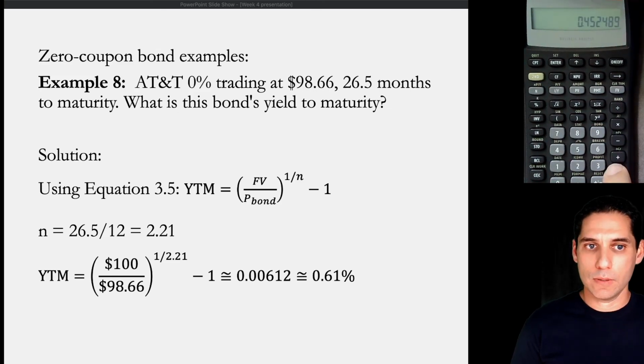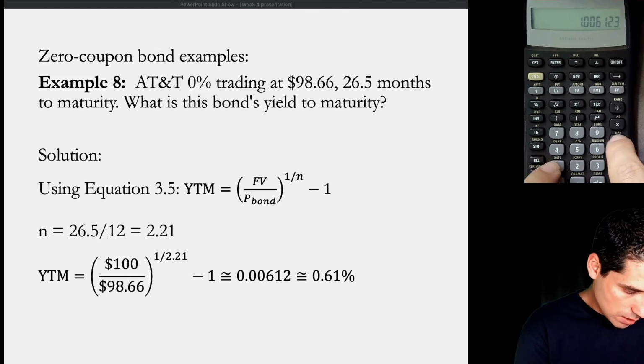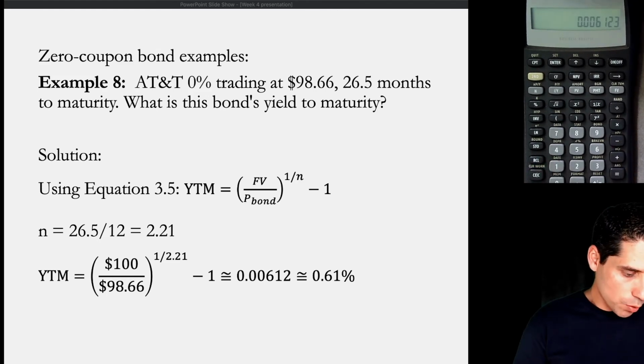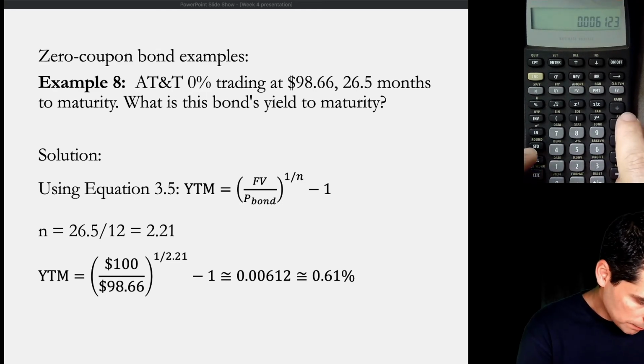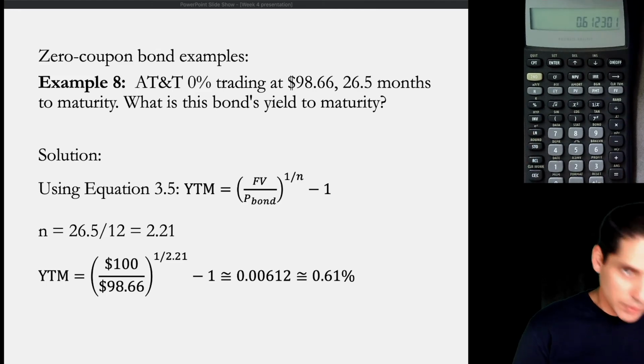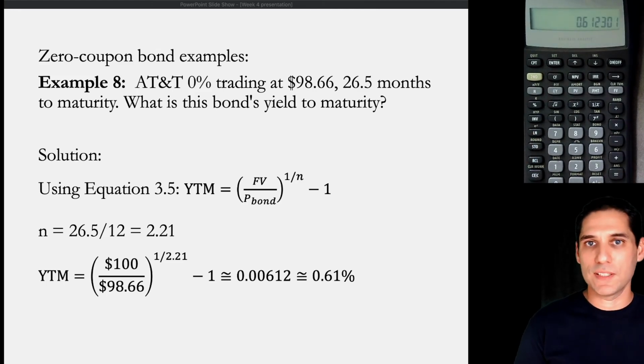Then I press equal, and that gives me, minus 1, 0.006123. Convert that to percent by multiplying by 100, and we have roughly 0.61%. So that would be our yield to maturity.